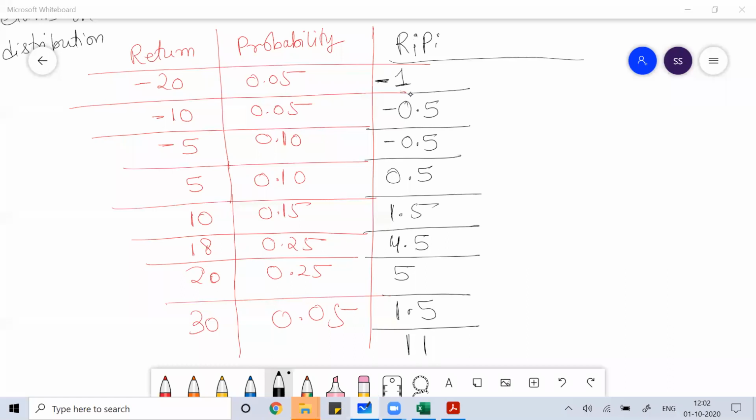No, Priyanka, the standard deviation is 12.25. Very good, Ranjita. 12.25 is the answer.